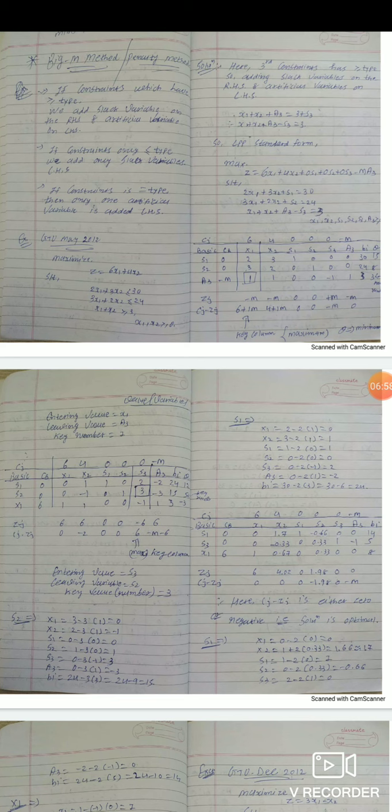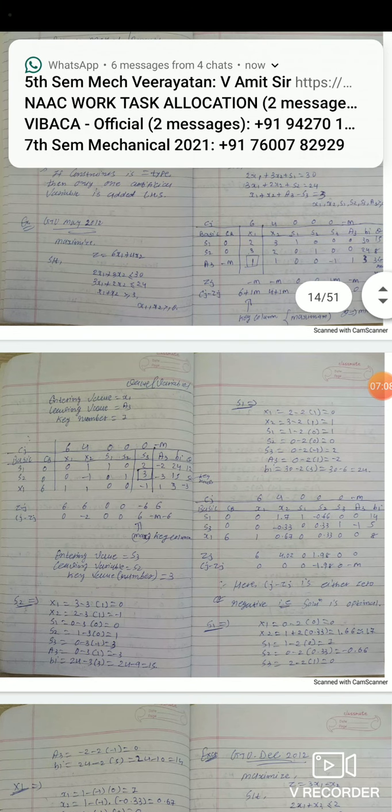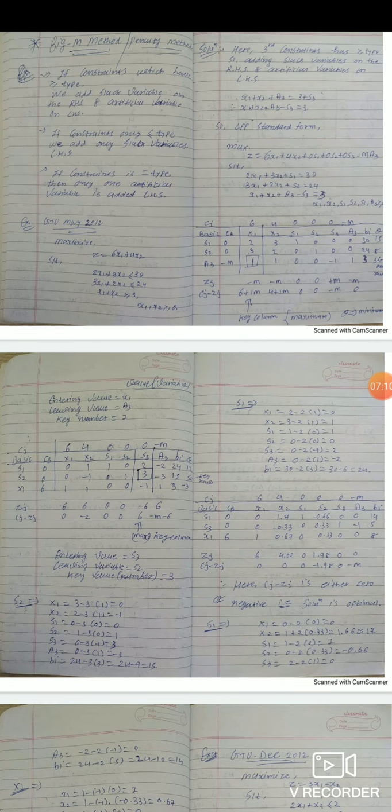Fourth value is 0 into 0, 0 into 1, 0 into minus m, that is 0. Then up to a3, we get cj minus zj. The cj value 6 minus minus m gives 6 plus m; for x2 it is 4 plus 1m; third 0, 0, minus m and 0.